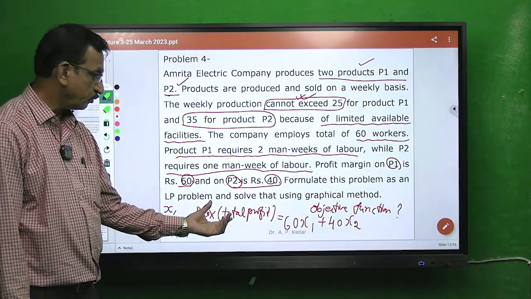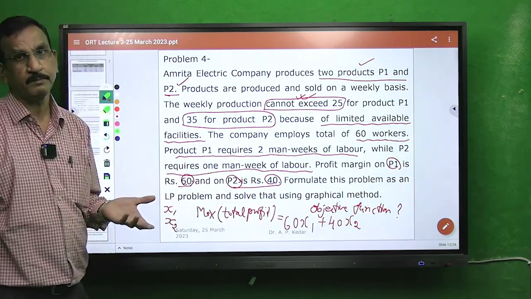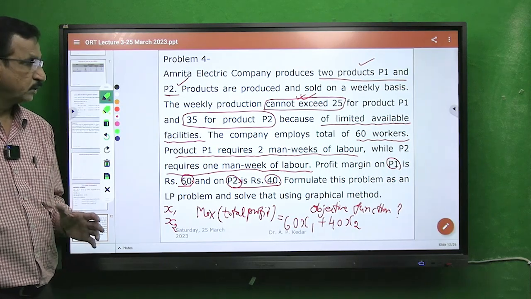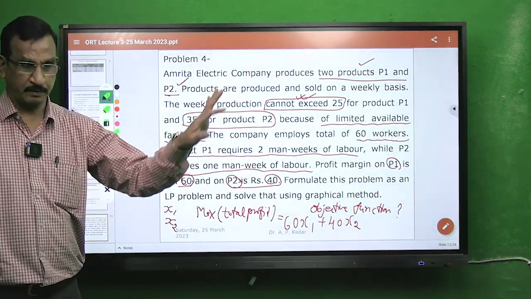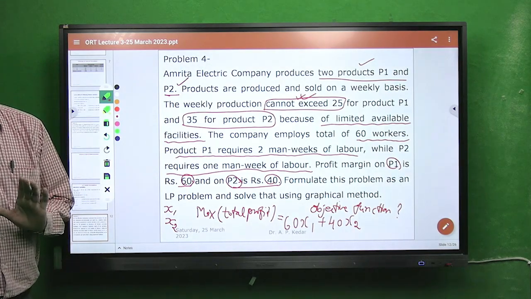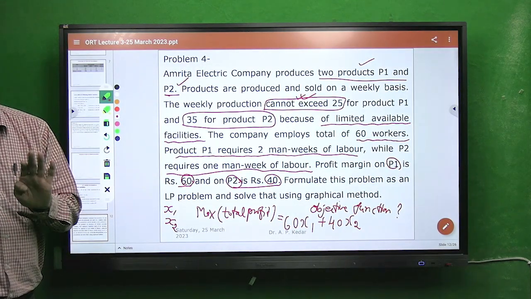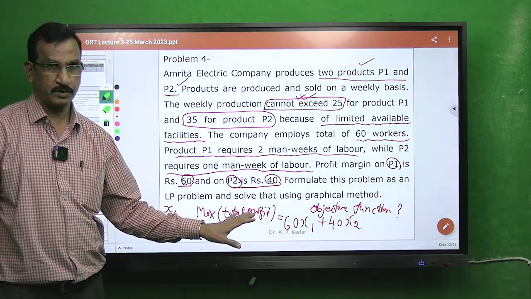Now what we did here, being the fourth problem, is we tried to solve it from the given data without going to a summary table. No doubt, you have to avoid mistakes, so prepare a summary table first and then only jump to the final version of the formulation.